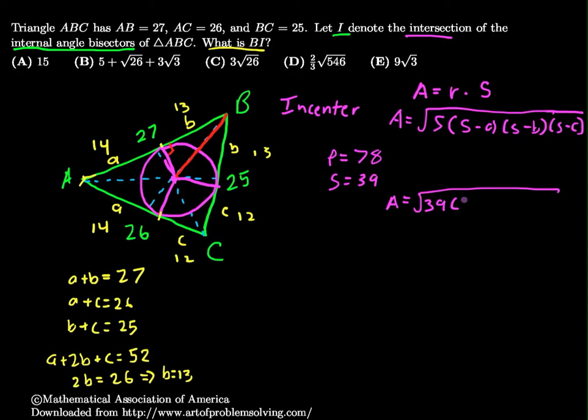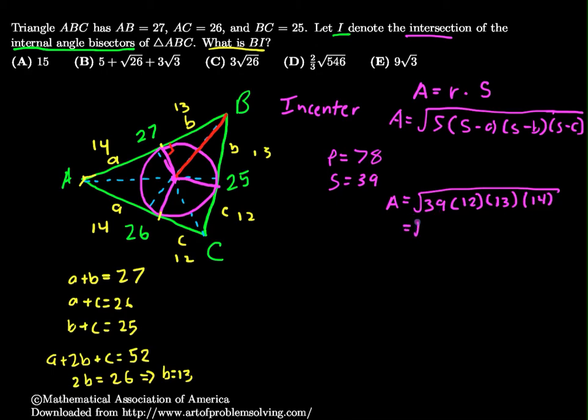39 minus 27 is 12. 39 minus 26 is 13. And 39 minus 25 gives me 14. And that's a big ugly number, but it's going to be actually pretty easy if you look at the prime factorization of this.